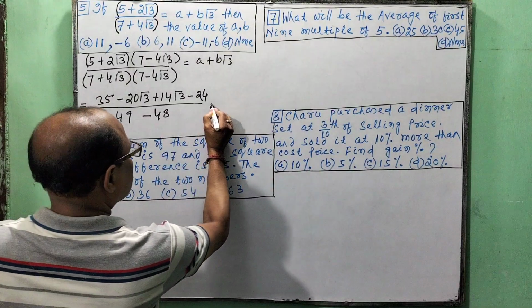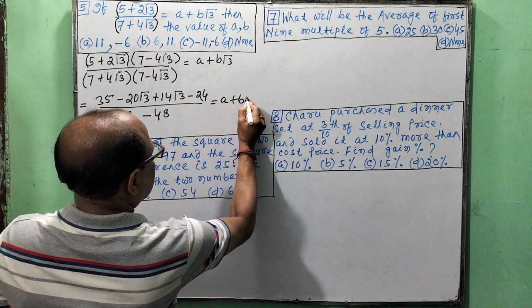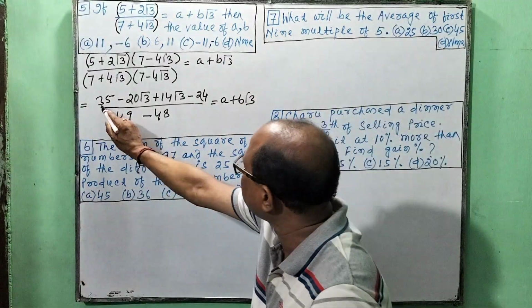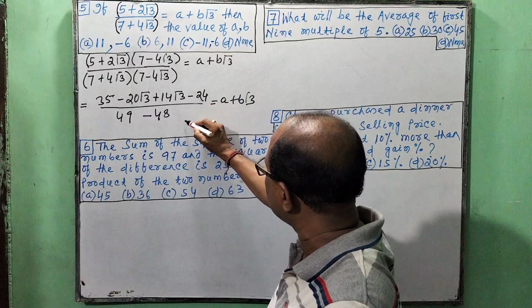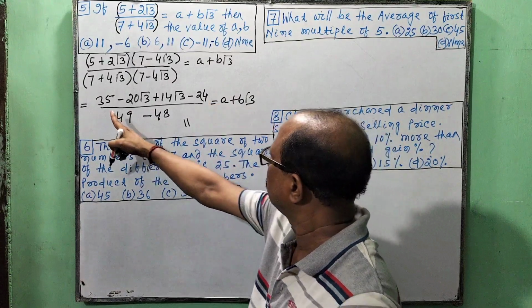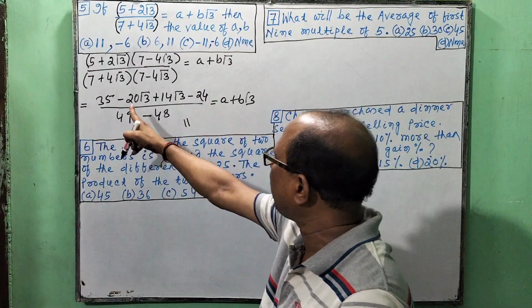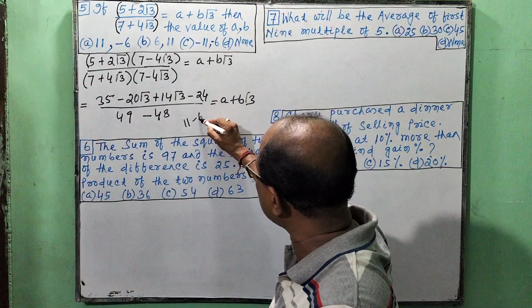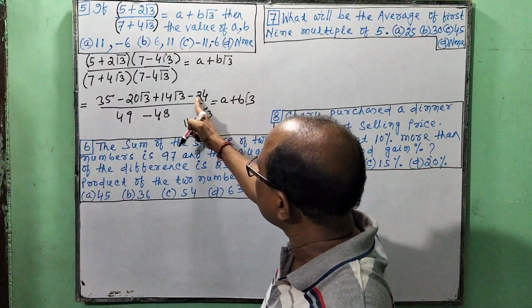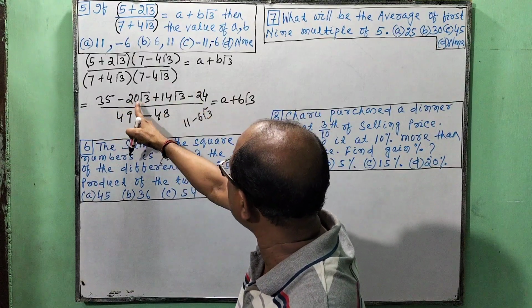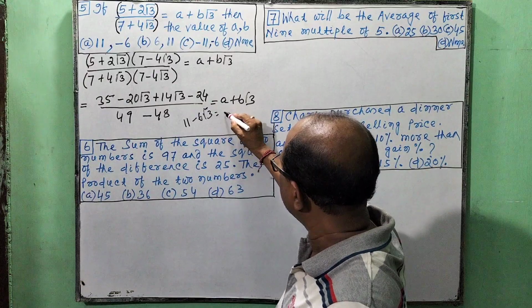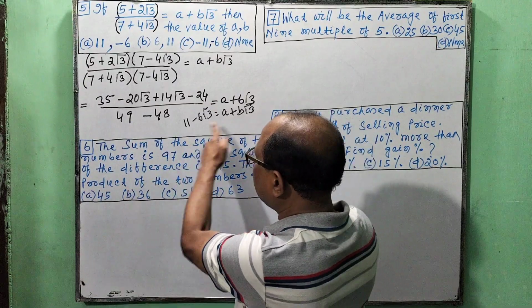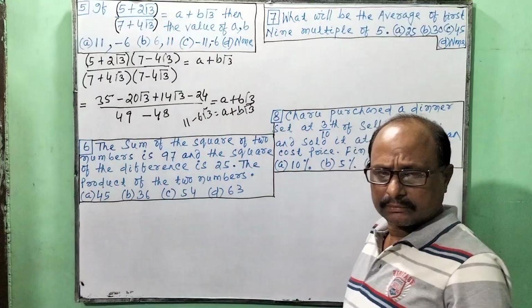From this, 35 minus 24 is 11, and minus 20 root 3 plus 14 root 3 is minus 6 root 3, divided by 1.